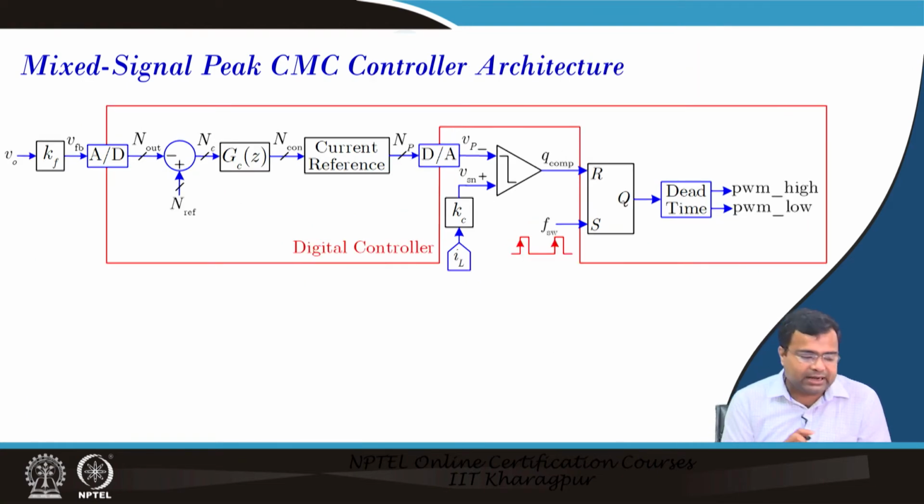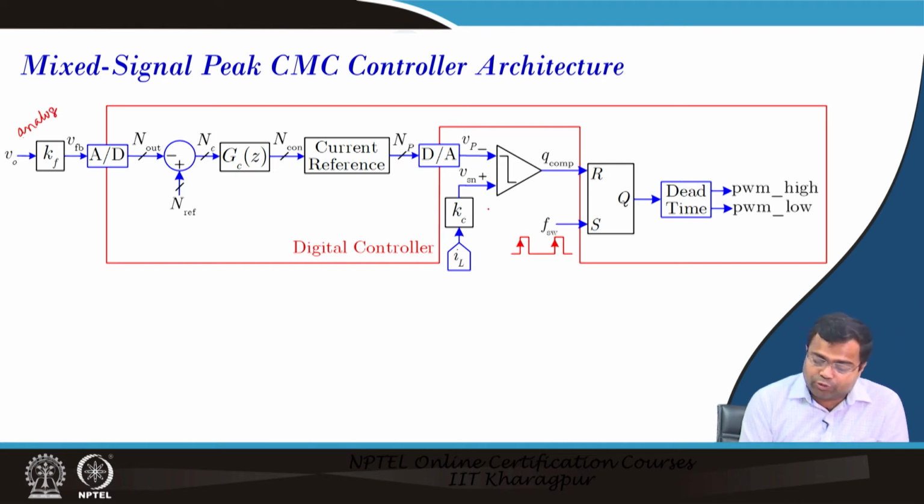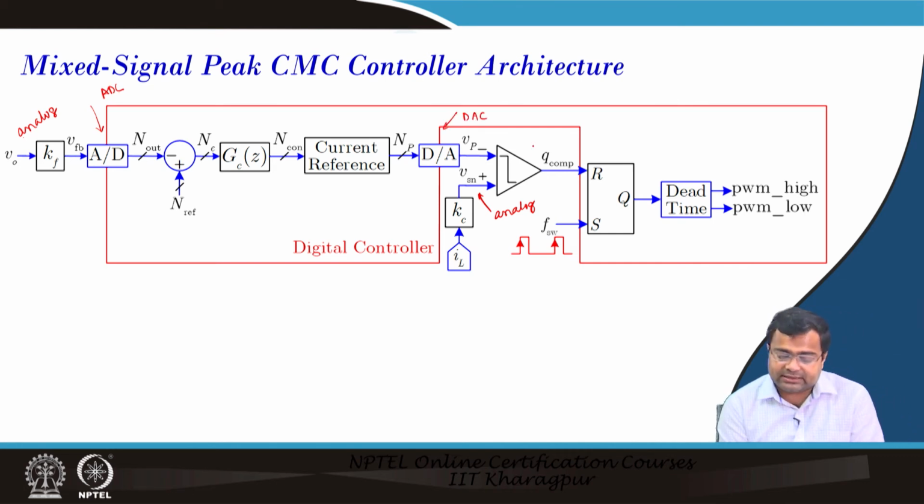Next, this current mode. So, we understood that this part is analog world, analog voltage. Again, this voltage is in analog. So, this is digital. So, naturally for this interface we need an ADC, for this block we need a DAC. Okay. So, after this there is an analog comparator.